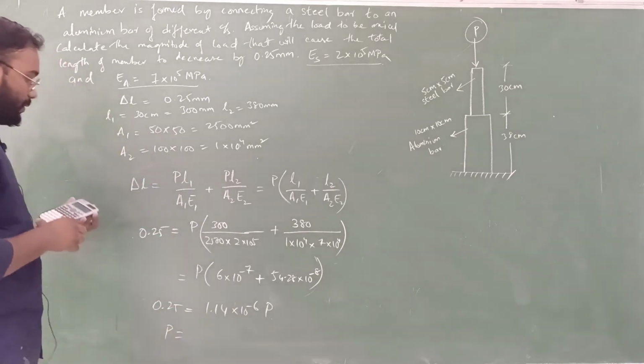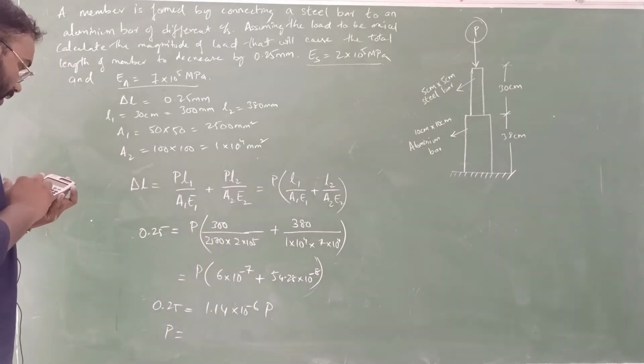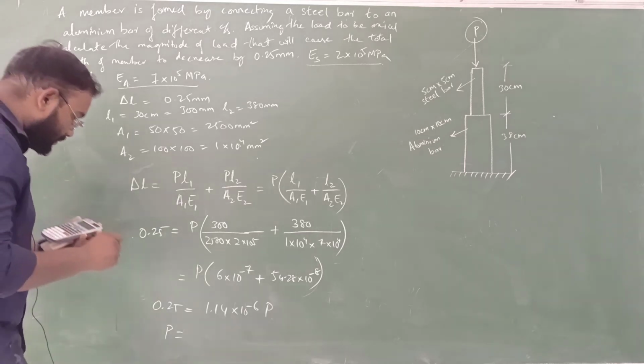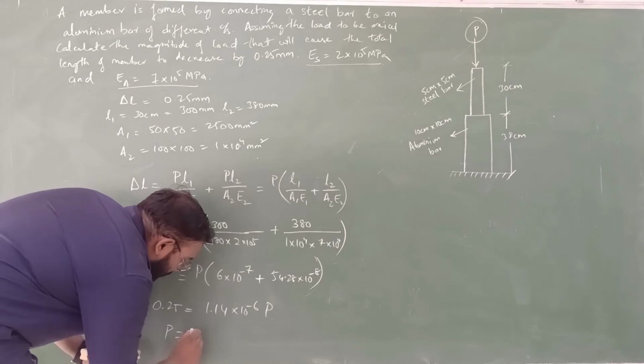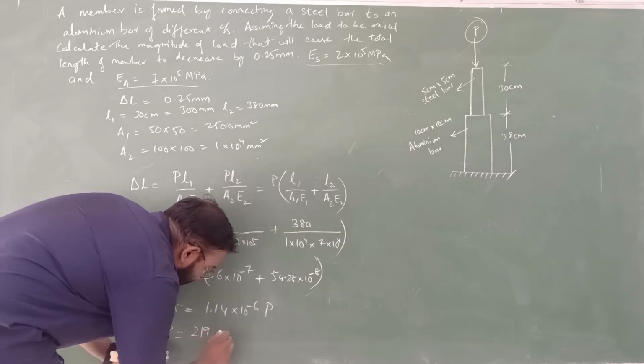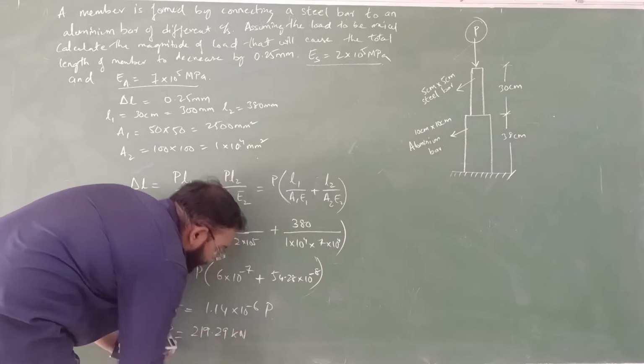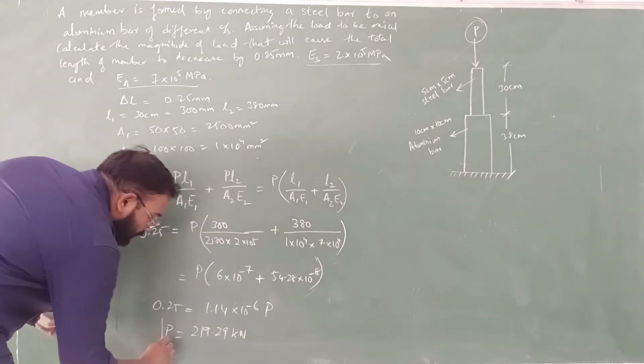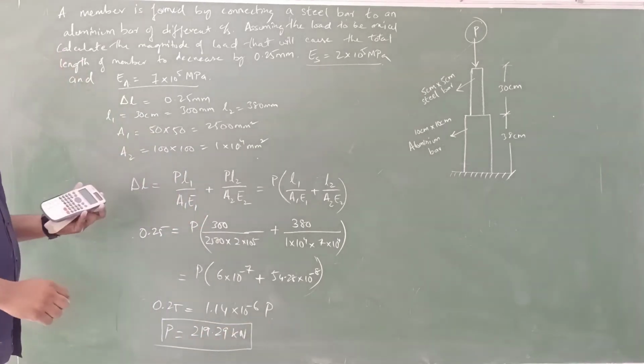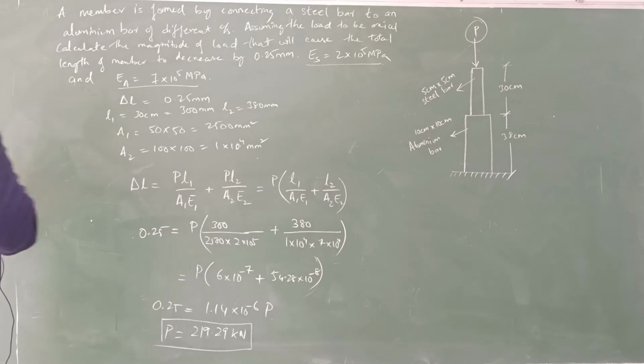Or P is equal to 0.25 divided by 1.14 × 10⁻⁶. That is 219.29 kilonewton, which is 219.29 × 10³ Newton.